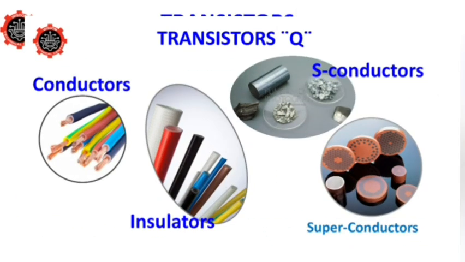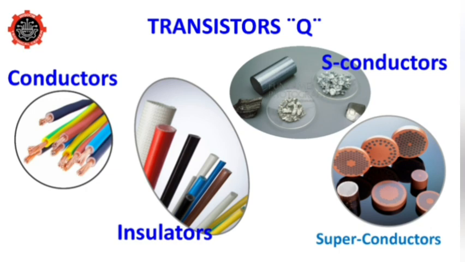We have four kinds of materials that are used in industries today, which are conductors, insulators, semiconductors, and superconductors. Now, if we go back to the basics, elements with 3 electrons at their valence shell make a good conductor.